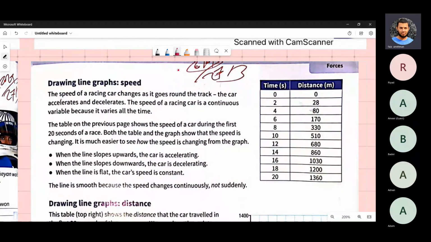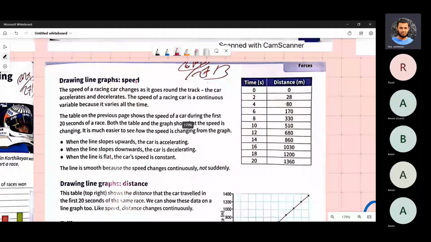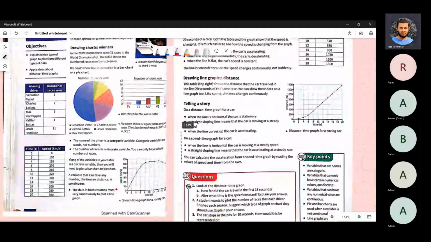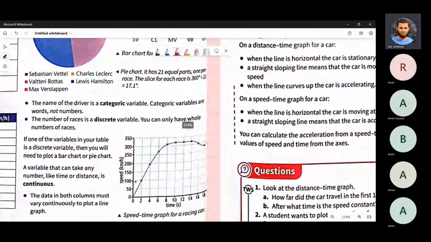Okay. Drawing line graphs. For speed line graphs, I already told you that when the line is going up, it means acceleration, always. When the line is going down, it means deceleration. But take care, what graph is this?